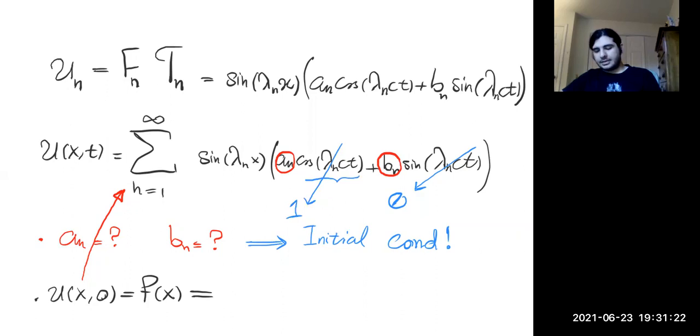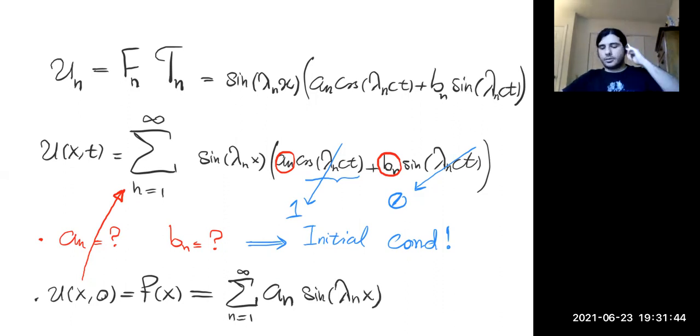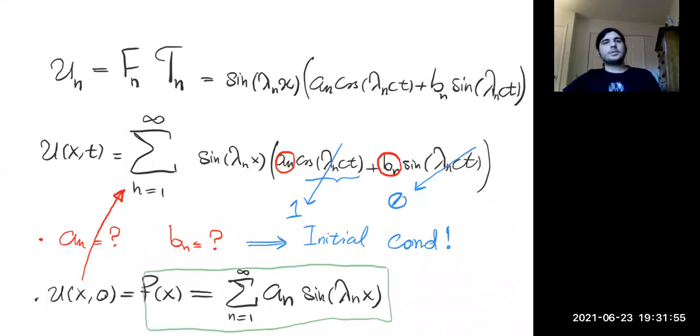So if we let t be equal to 0, what we are going to get is the sum, n goes from 1 to infinity, an times 1 times this coefficient here, sine of lambda n x, plus bn times 0, which is 0. We should use this equality to find an.